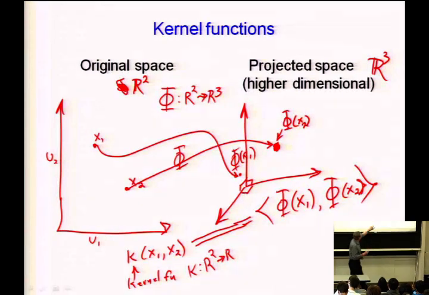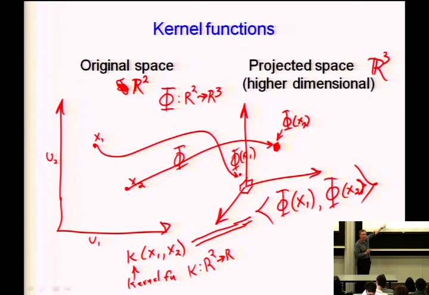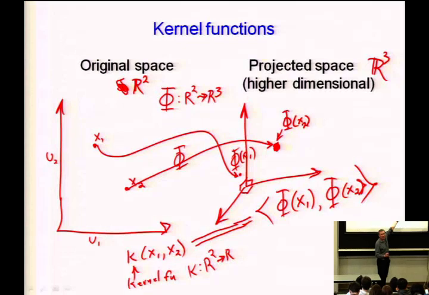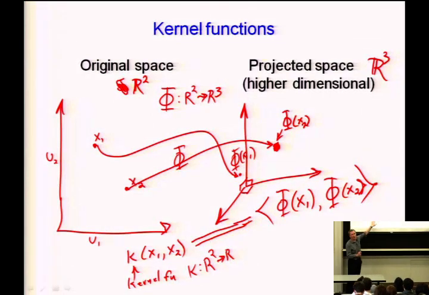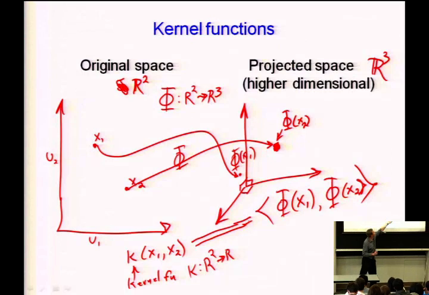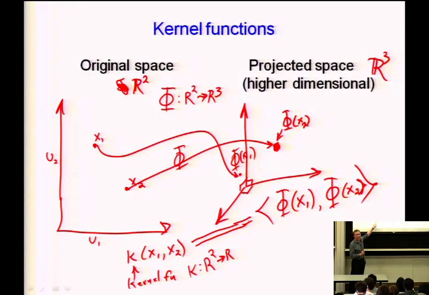And so kernel functions become incredibly valuable because they give us a way of effectively doing linear regression up in this high dimensional space without ever projecting any of the points into that high dimensional space. Because anytime we need one of these dot products, we just use K.